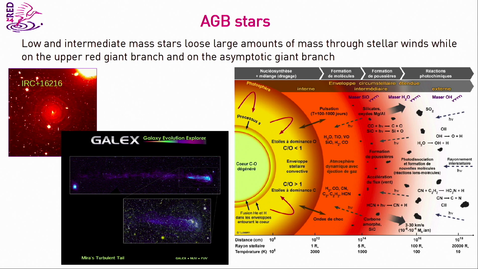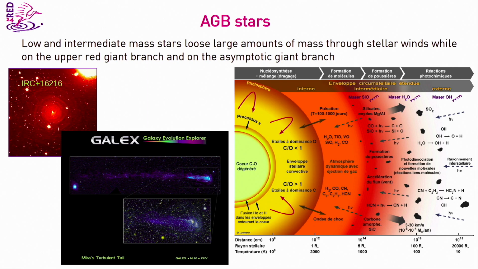So in AGB stars, I told you about this. So this is an AGB star. It's Mira Ceti, a specific star. It was observed with GALEX, which is a UV observatory that was meant to study galaxies. But they pointed it at this star and they saw this kind of cometary tail. So it's not a comet, but the star is moving rapidly in the galaxy.